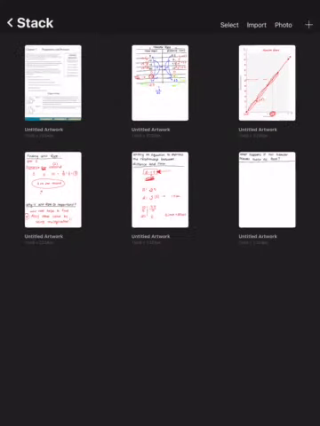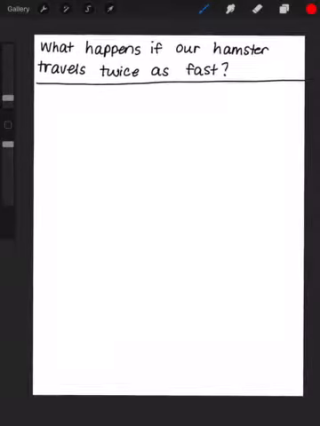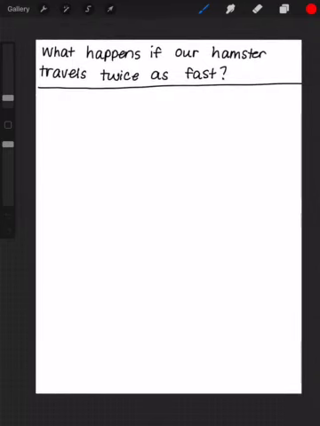All right. Now you're also going to be asked what happens if our hamster travels twice as fast, okay? So right now, our hamster is traveling 0.5 centimeters per second. So if our hamster was traveling twice as fast for every second, it would be going 0.5 twice, which would be 1 centimeter.